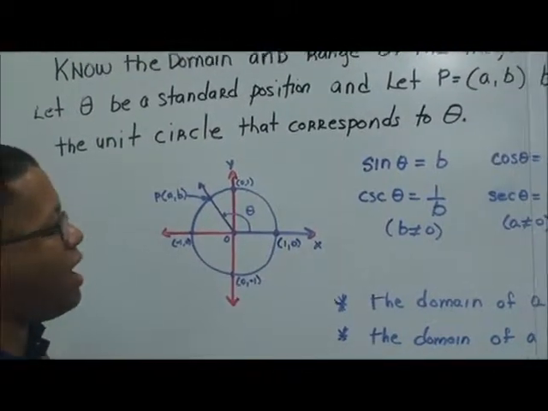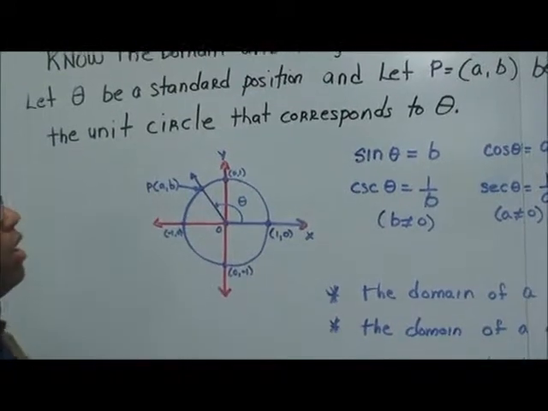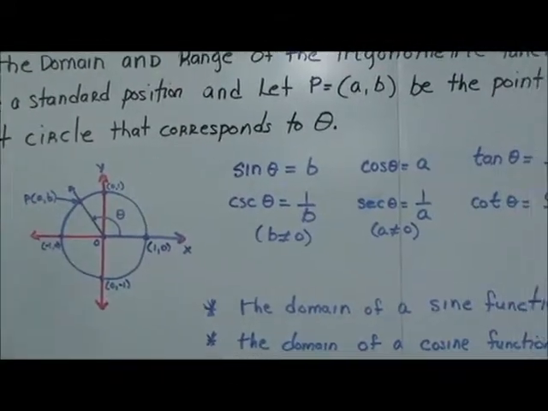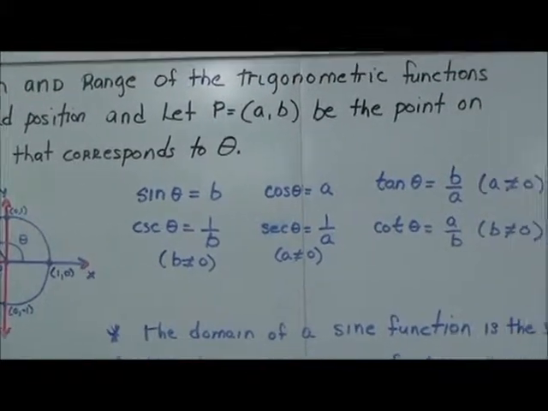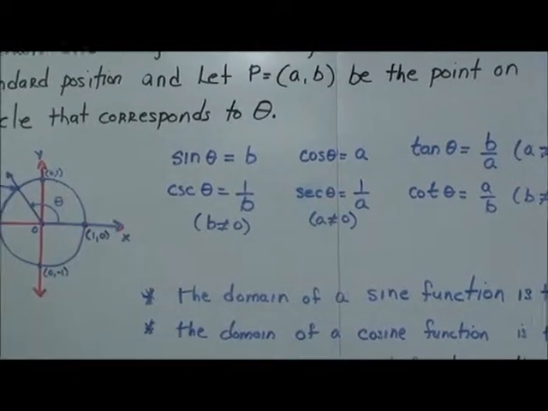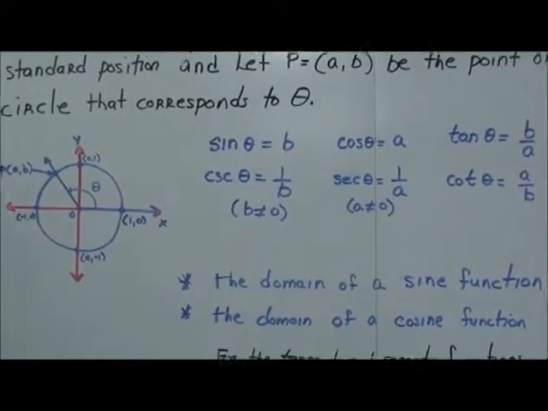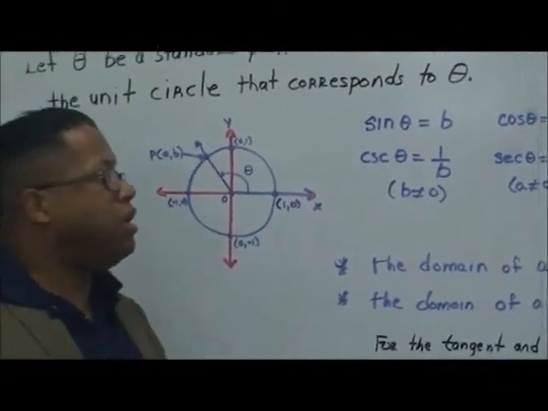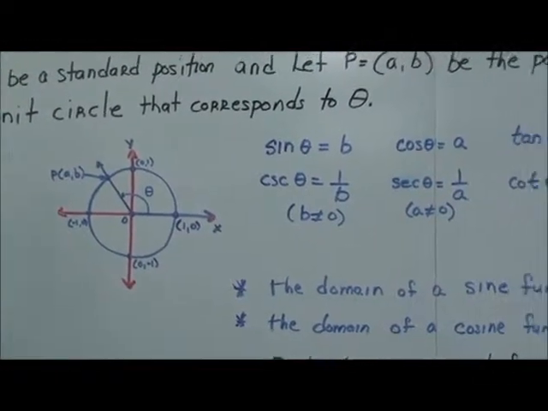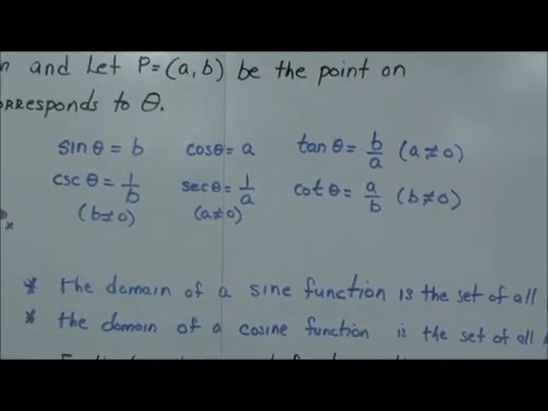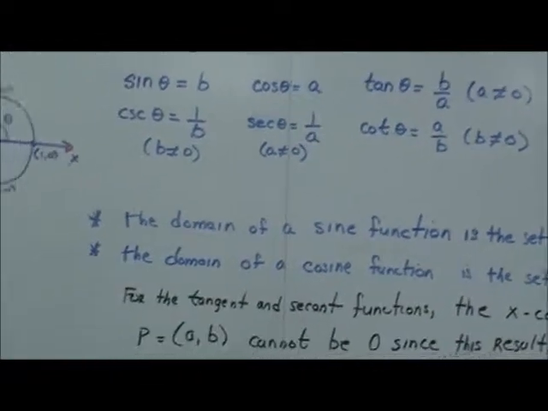And we know that sine theta is equal to b, cosine theta is equal to a, and tangent theta is equal to b/a. Now remember, a can't equal 0 for that one. And for cosecant, it's 1/b, where b can't equal 0. Secant theta is equal to 1/a, in which a cannot equal 0. And then cotangent theta is equal to a/b, in which b cannot equal 0.